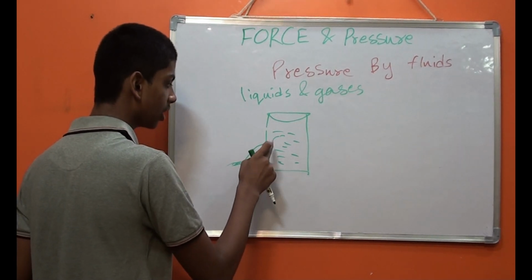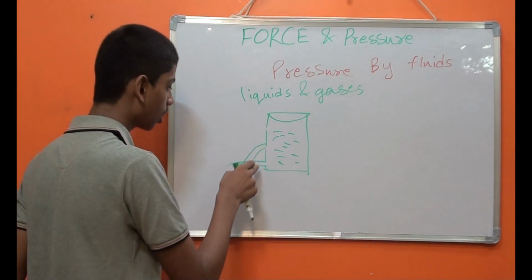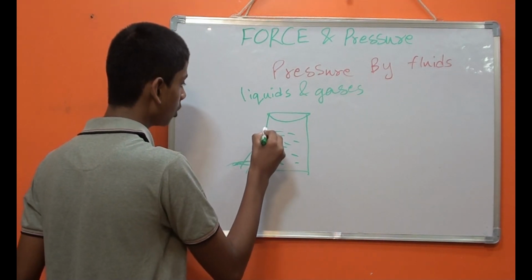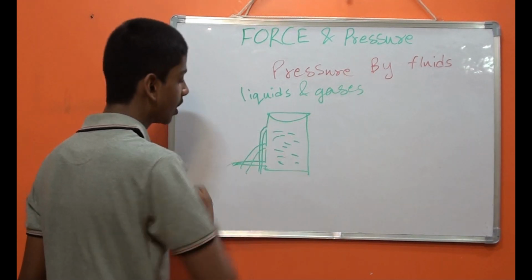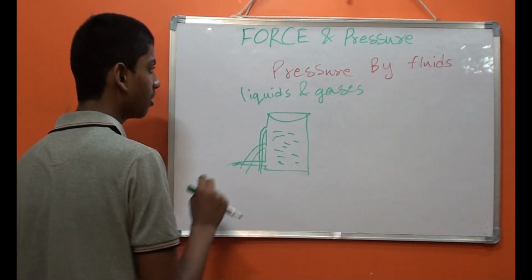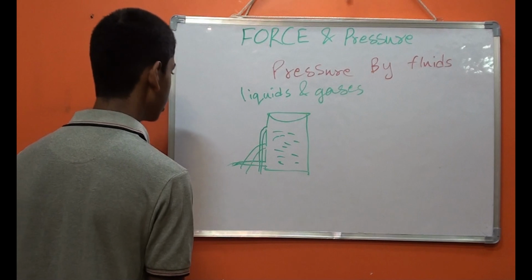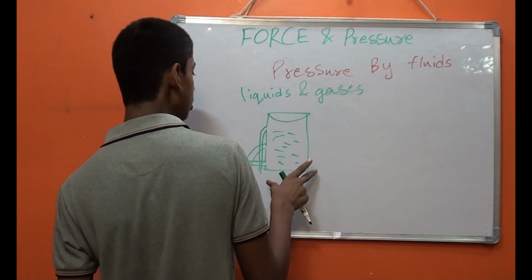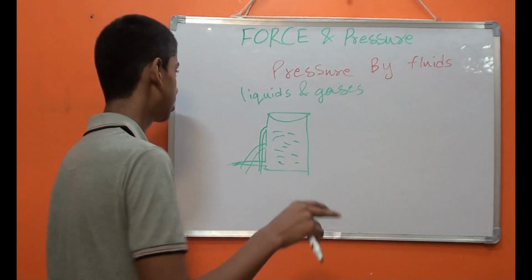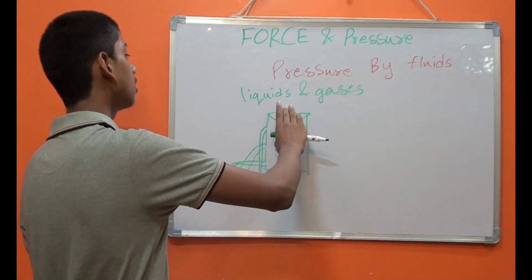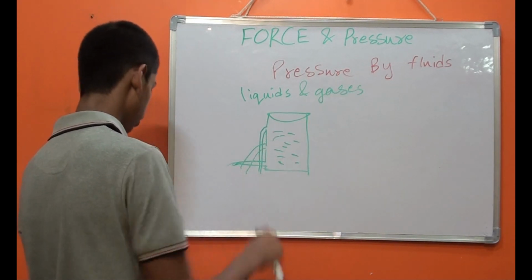From the next hole above, the water would come from here to here. From the topmost hole, the water would fall here. This is due to the pressure exerted by fluids. This means that the depth of the container also plays a role in the pressure exerted by fluids.